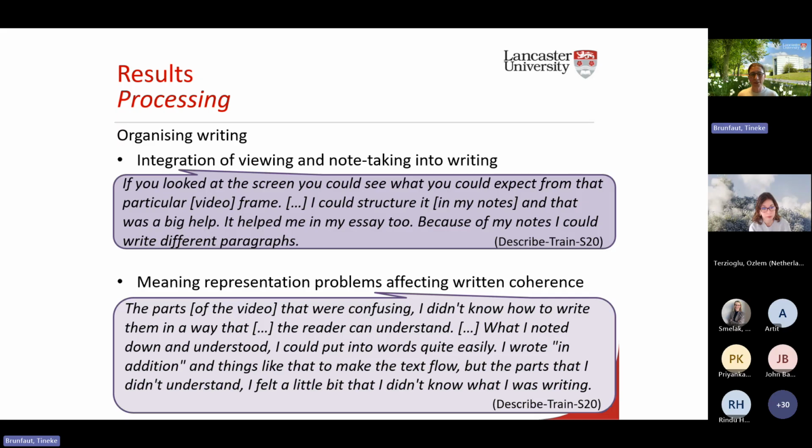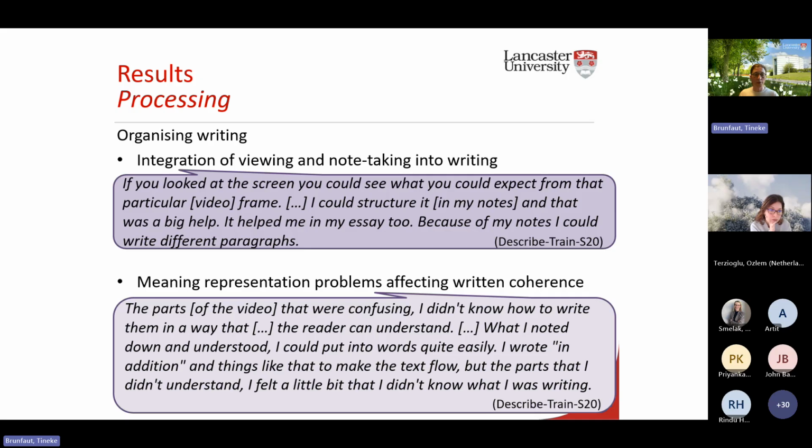But they also admitted sometimes they actually did struggle. And so when they had problems getting the meaning of the video, then it affected, for example, the coherence of their writing. So here a student reported the parts of the video that were confusing, so that that person didn't understand.